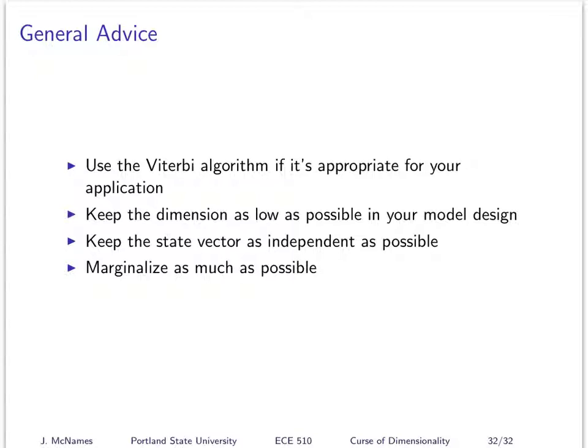Nonetheless, it's a good principle generally to keep your models as simple as possible and keep the dimension of your state as low as possible. I didn't really go over this, but another generally good idea is to try to keep your state variables as statistically independent of one another as possible. Rather than having them tightly coupled, where if this state moves, this one has to move with it, it's much better if this one can move independently of that one.